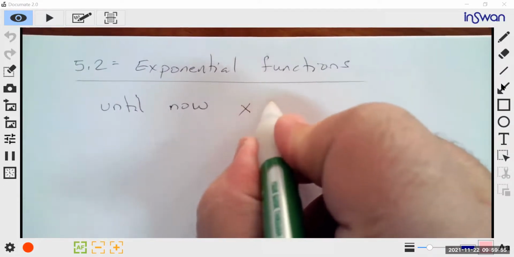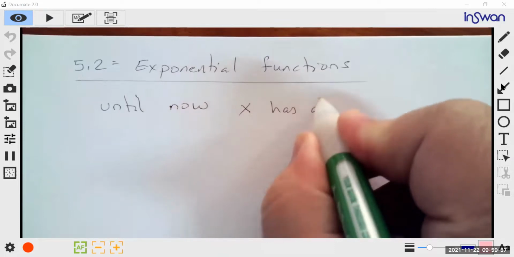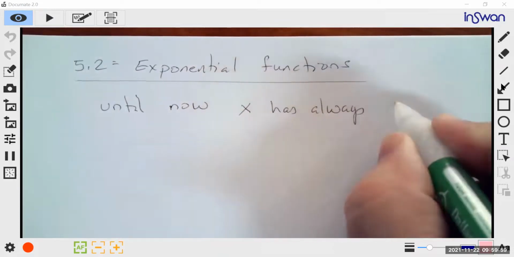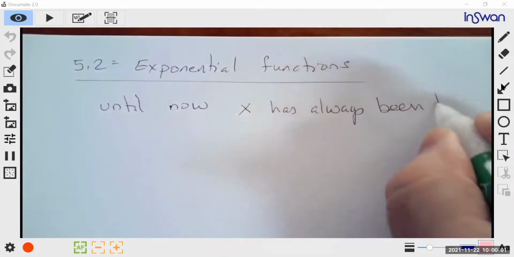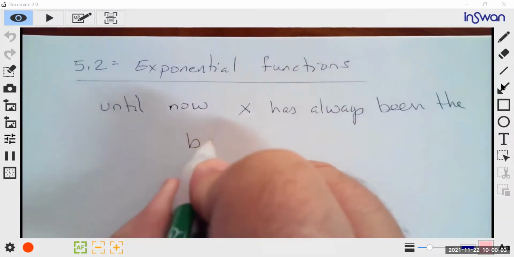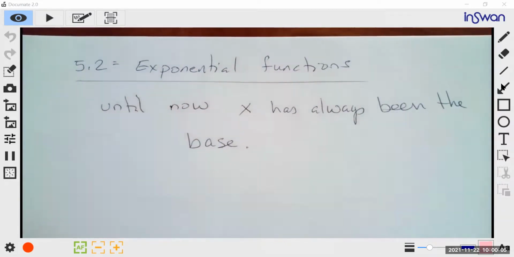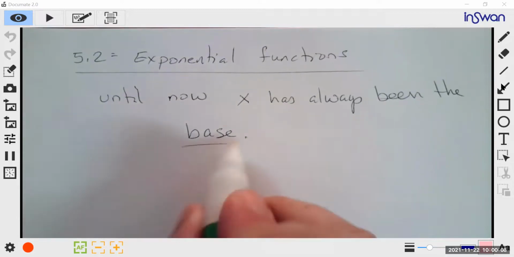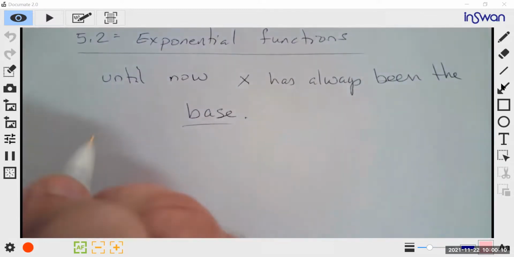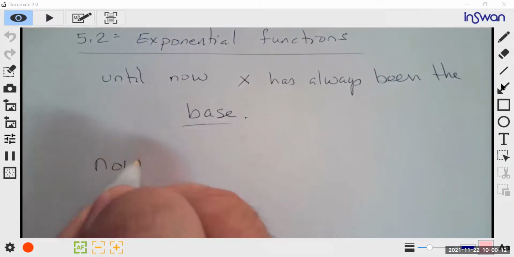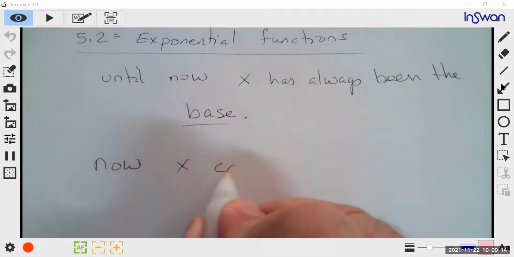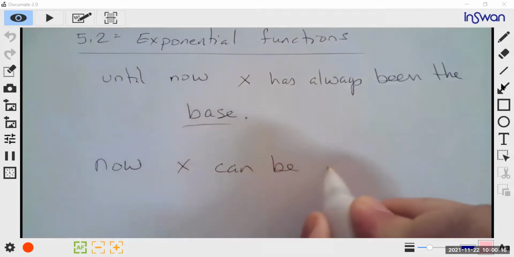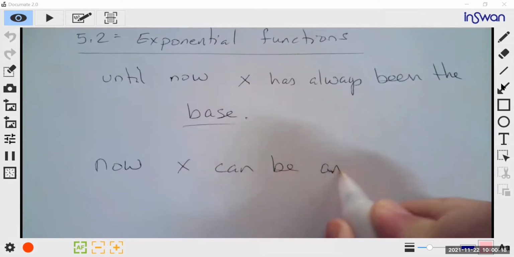Until now, x has always been the base. I'll come back to this word in a second. Now, x can be an exponent.